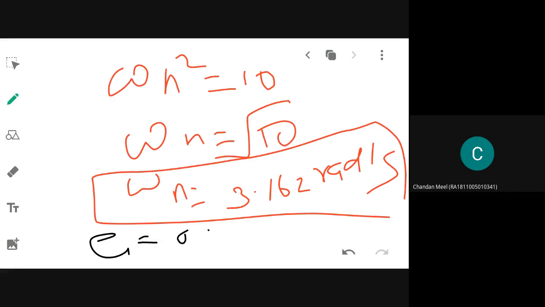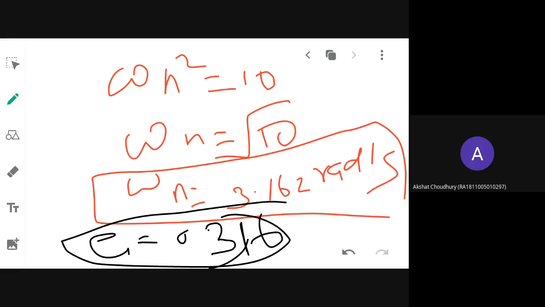Zeta will be equivalent to 0.316. So zeta you have found out. So what type of system is this? Zeta is equal to 0, or equal to 1, or less than 1, or greater than 1? Underdamped. So this is underdamped.